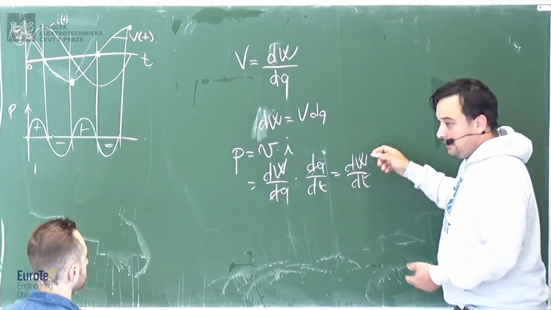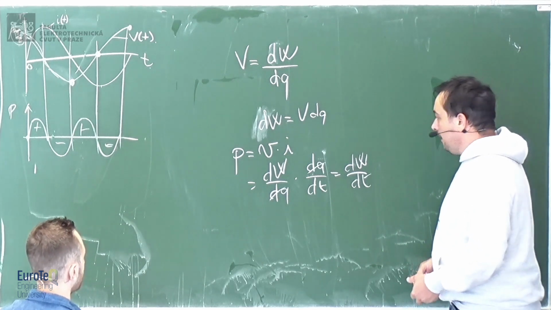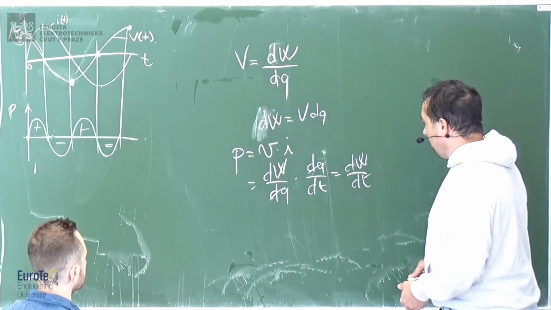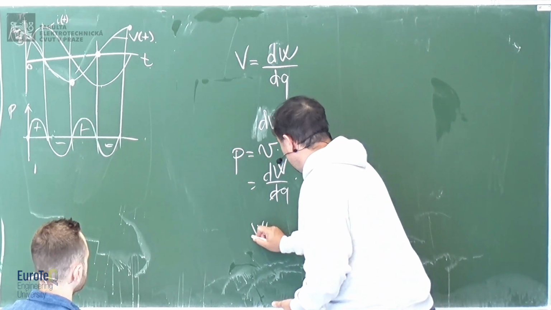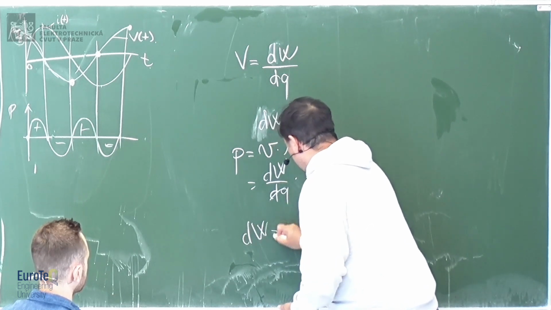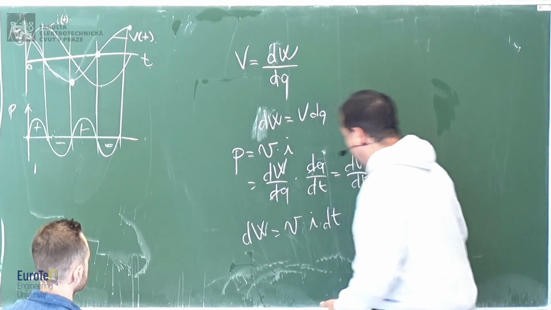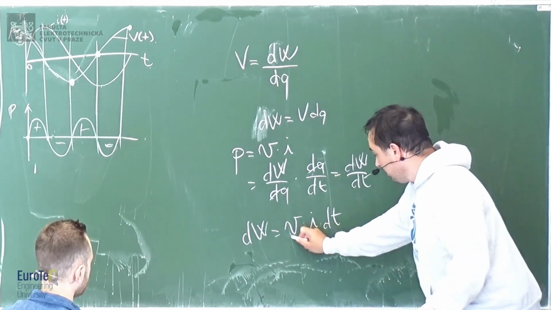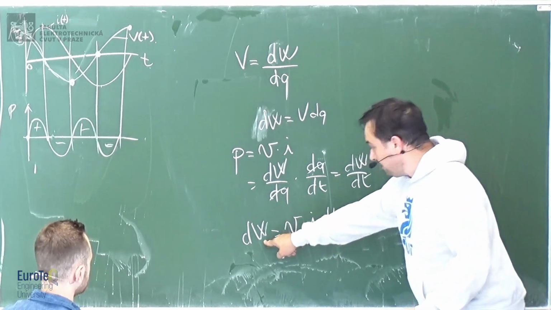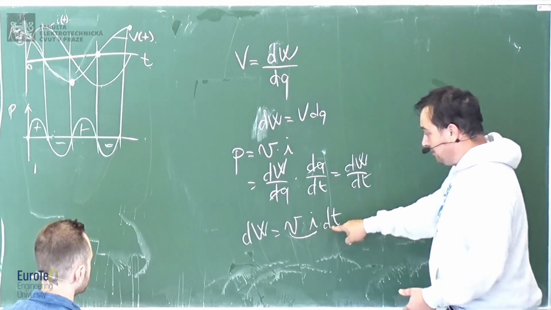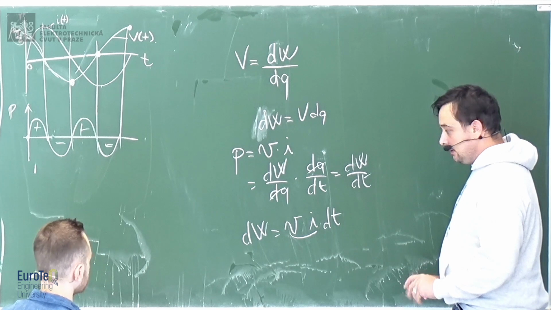The definition of power is how much work per unit of time. So if you want the energy, we integrate: the energy is the integral of V I dt. The elementary work is the power times the elementary time. So far, so good?